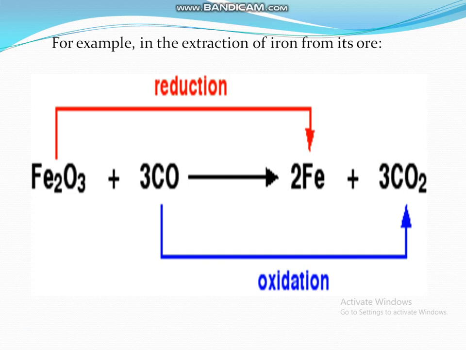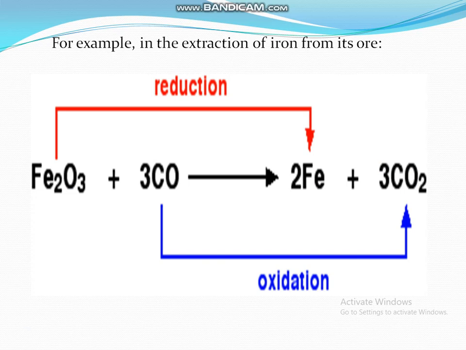Look at the example. For example, in the extraction of iron from its ore, you can see in the chemical reaction given here, Fe2O3 plus 3CO. Fe2O3 is the iron oxide that reacts with carbon monoxide and gives iron plus carbon dioxide.